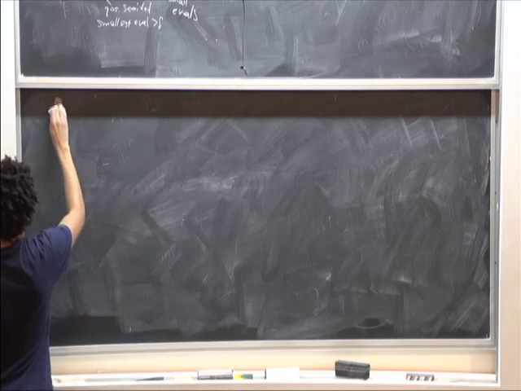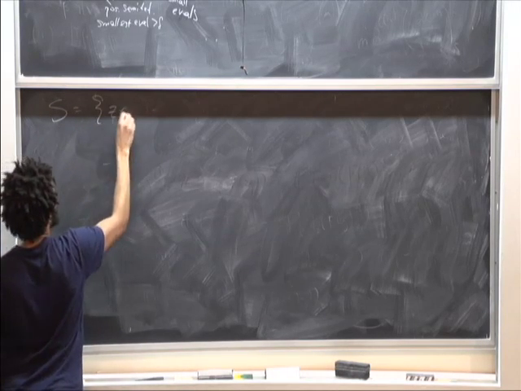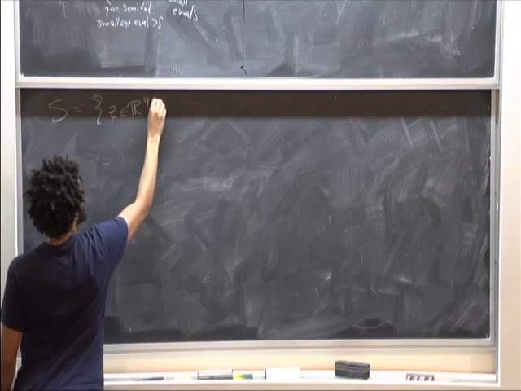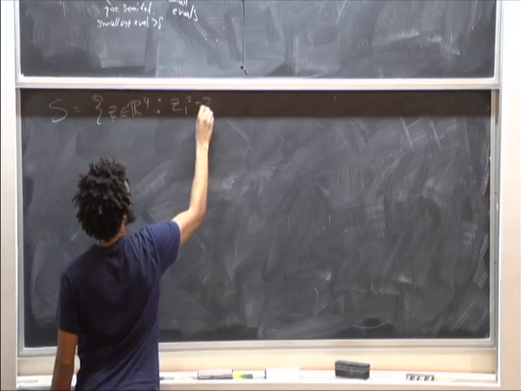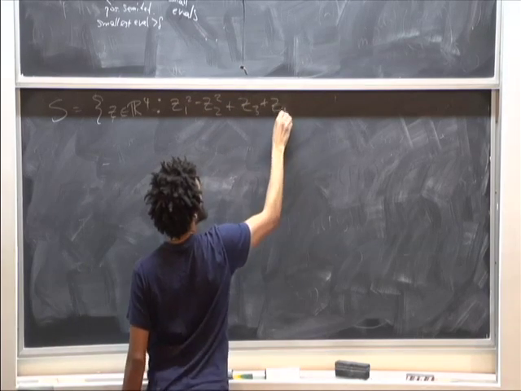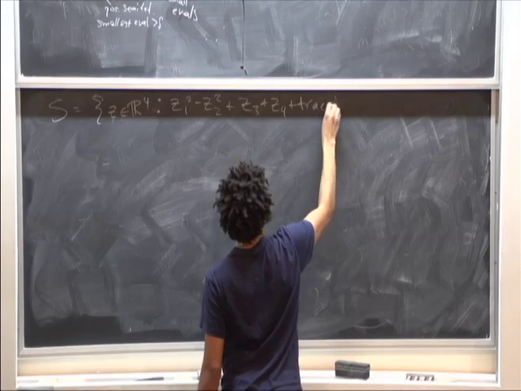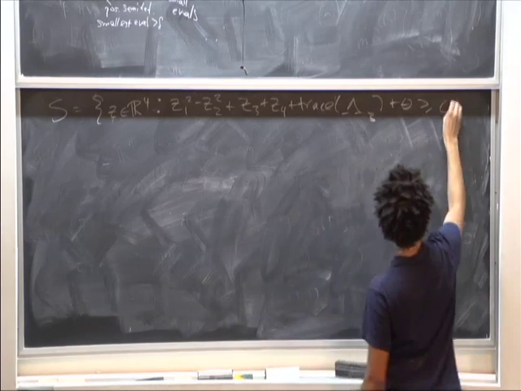So here's what I'm doing. S is the set of Z's in R4 such that Z1 squared minus Z2 squared plus Z3 plus Z4 plus the trace of lambda 3 plus theta is at least 0.